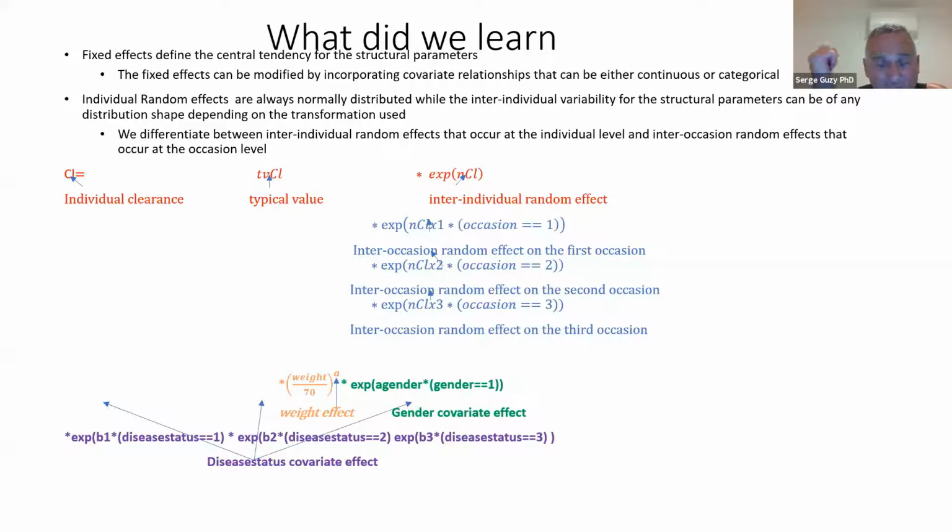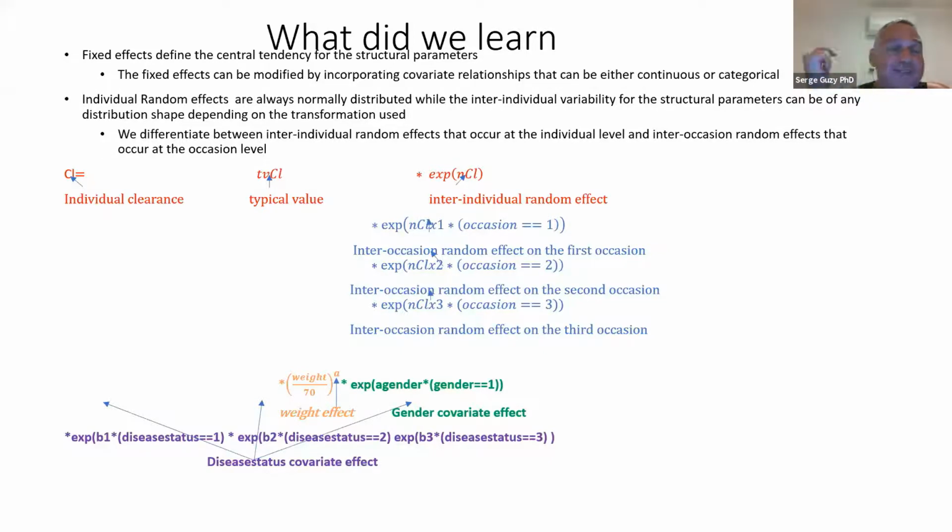But to answer your question, each parameter can be tested separately, and each can have its own separate power term. Or for example, clearance can depend on weight, and let's say peripheral volume will not depend on weight or something like that. Okay, does that answer your question?